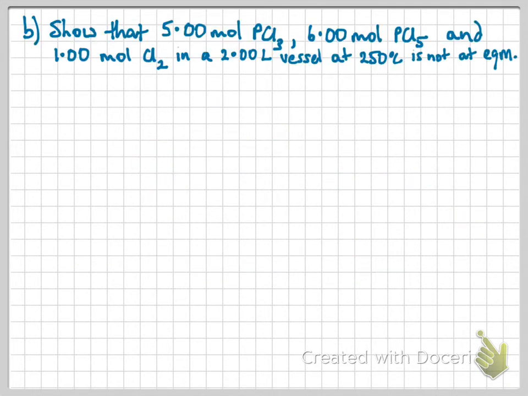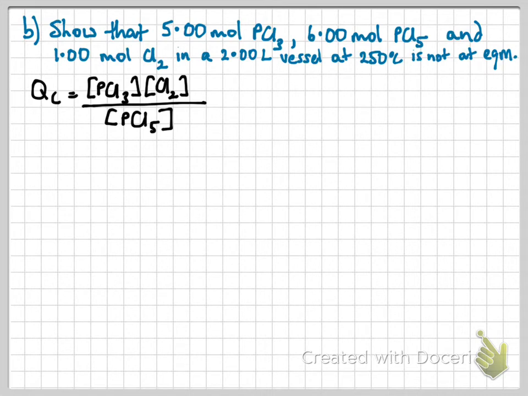Part B is some different number of moles, and you need to show that this is not at equilibrium, i.e. this is a QC versus KC question. So I want you to pause the video and have a go at this one on your own, and then come back and check the answers.